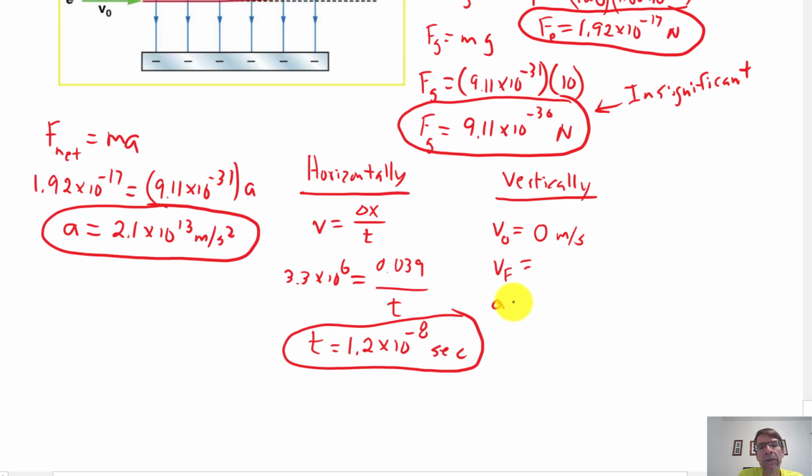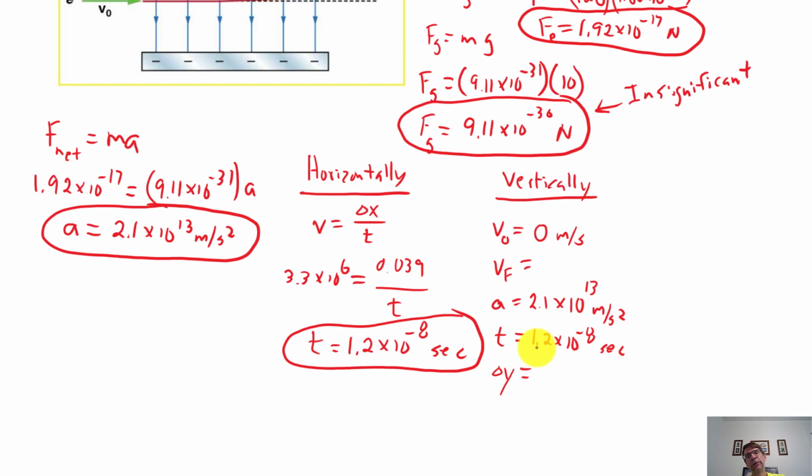We know the acceleration is 2.1 times 10 to the 13th meters per second squared. That's in the vertical direction because the only force acting is a force upward towards that top plate. And I know it's going to be acting for that same time, 1.2 times 10 to the negative 8 seconds. And it's going to have a delta y of something we don't know yet. We're actually looking for that.